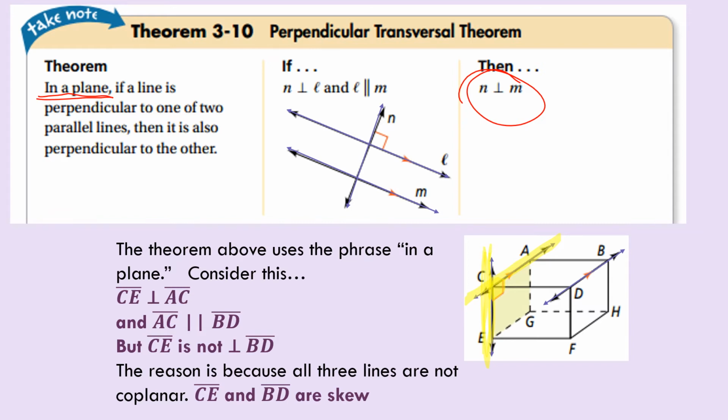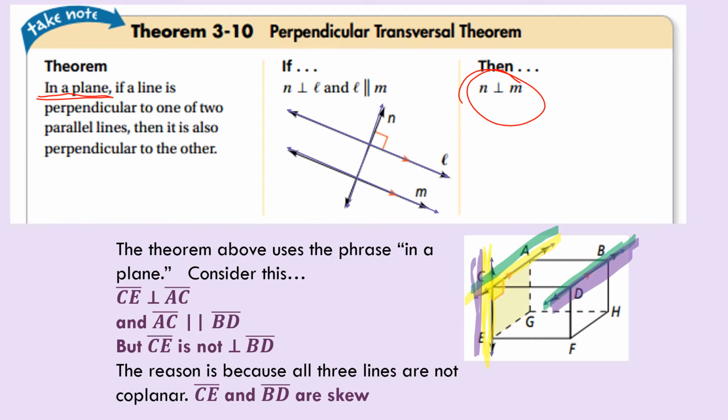AC is parallel to BD, okay? But CE is not perpendicular to BD.